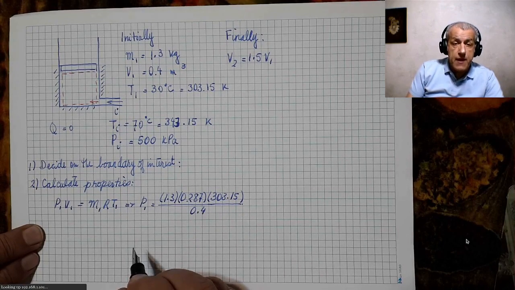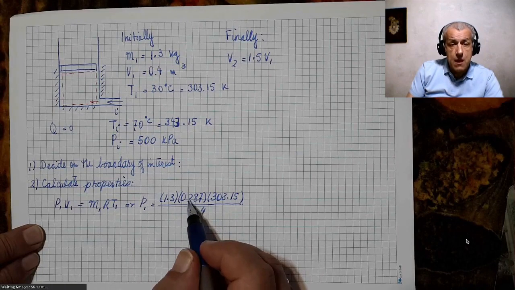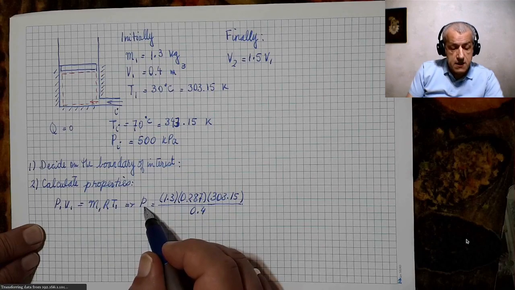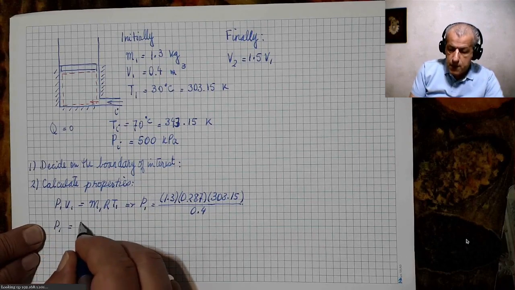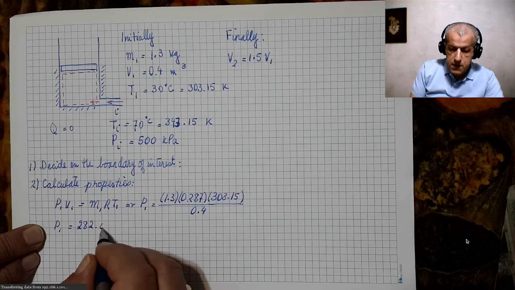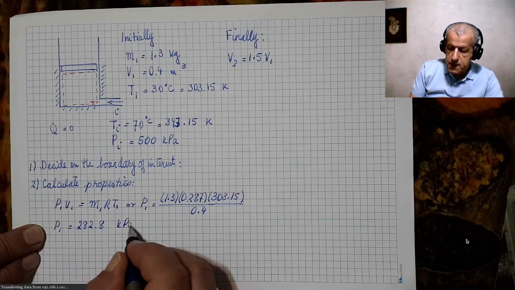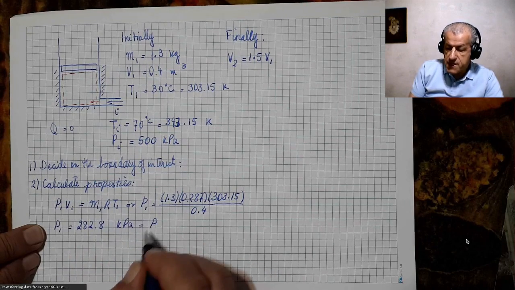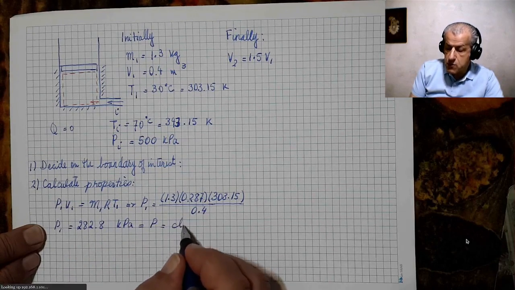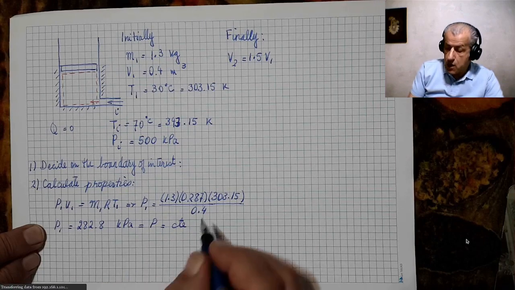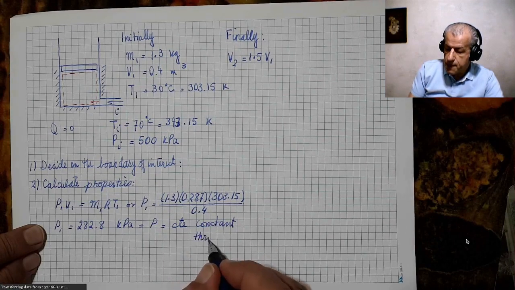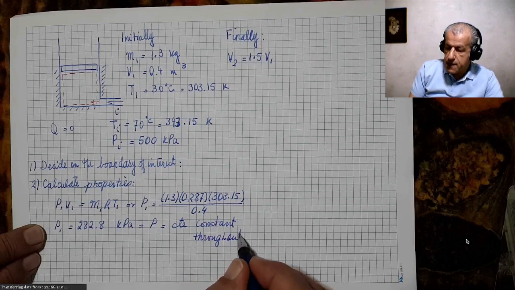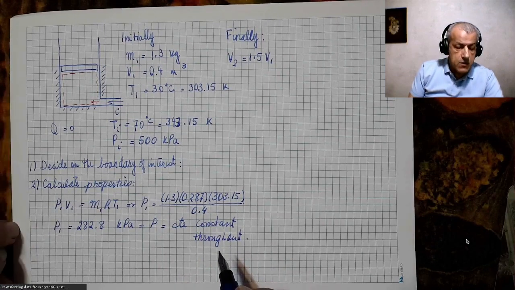All dimensions match, and since we have used kilojoules per kilogram here, we would gain kilopascals for pressure, and therefore P1 would equal 282.8 kilopascals, and this we would call P, which is constant throughout, since this piston is free to move.